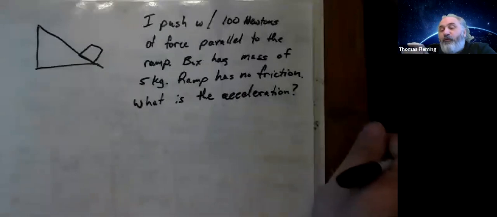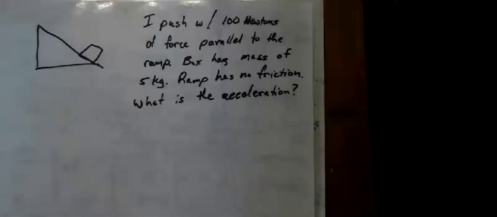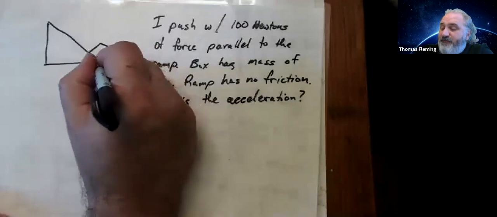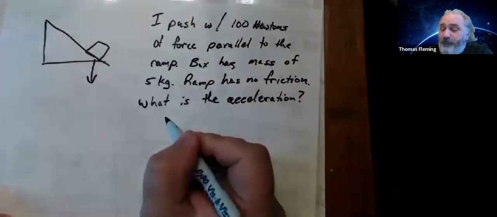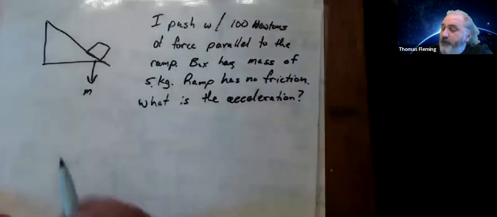So, what forces are acting on this box? Gravity. Now, gravity does not care that you're on a ramp. Gravity always pulls you straight down. So gravity is the mass of the box, which we know, times g.